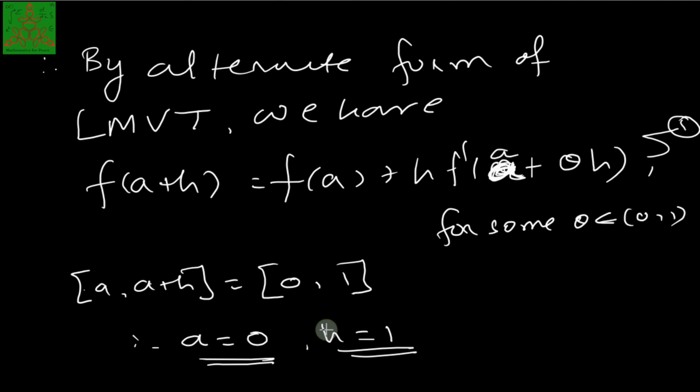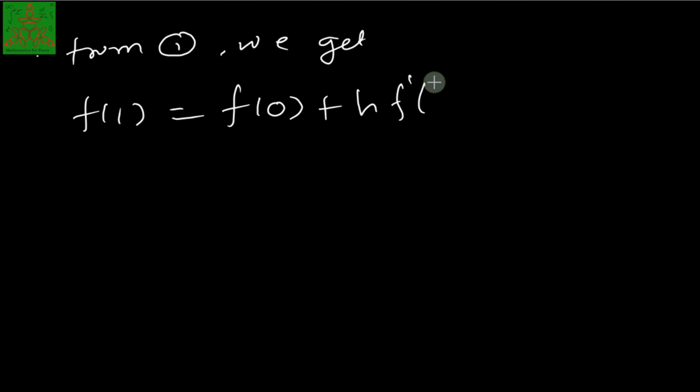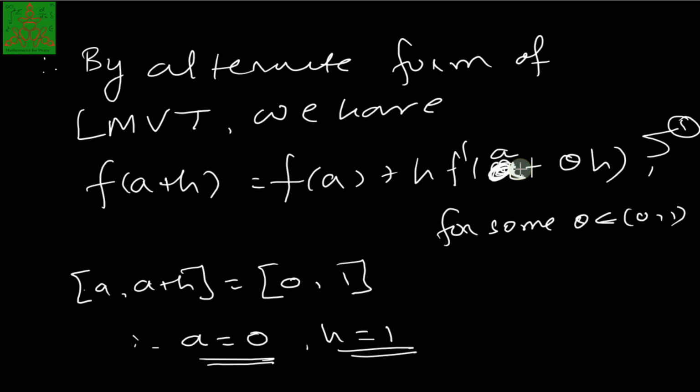then according to this equation 1, from 1 we get, as per this, a plus h is 1. So it is f of 1 is equal to f of 0 plus h into f dash of a plus theta h.